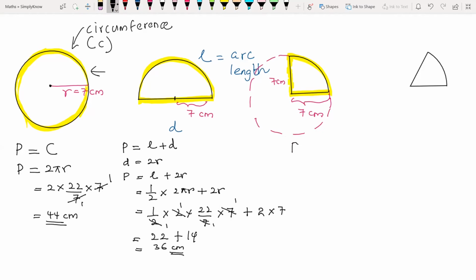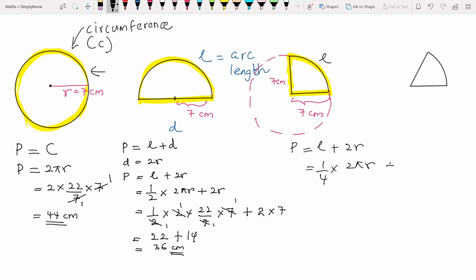Okay, let's apply our formula. Perimeter equals arc length plus 2r. Now, what is the arc length here? This is a quarter of a circle. The full length of the circle is 2 pi r. Then the arc length of this sector or this quarter of the circle should be quarter of 2 pi r.